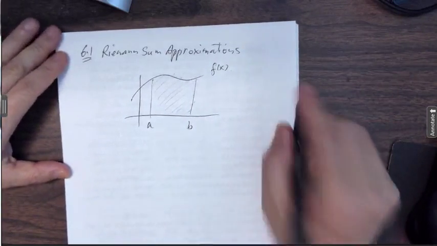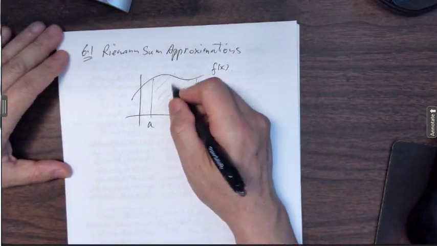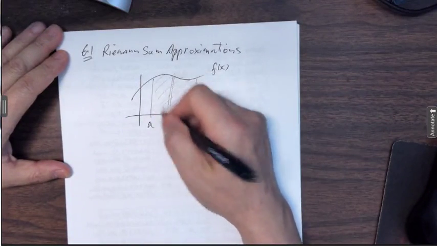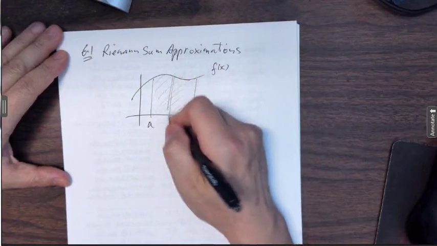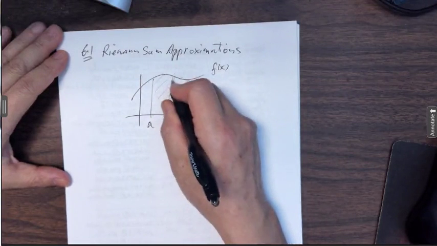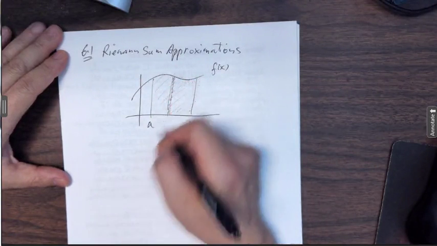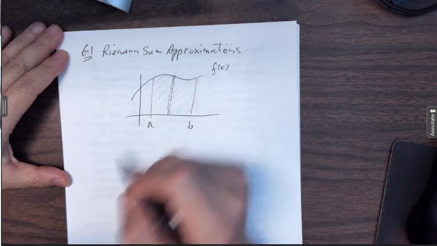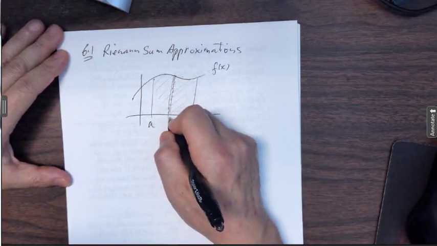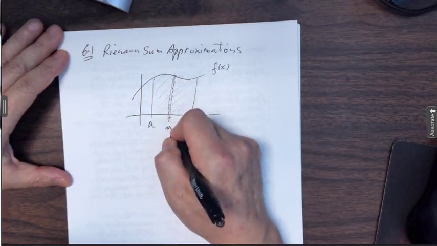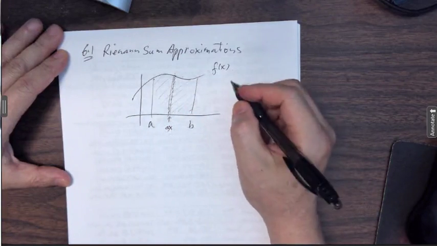So what we do is slice the region into n parts. For each part we create a rectangle. The width of the rectangle is denoted as delta x.